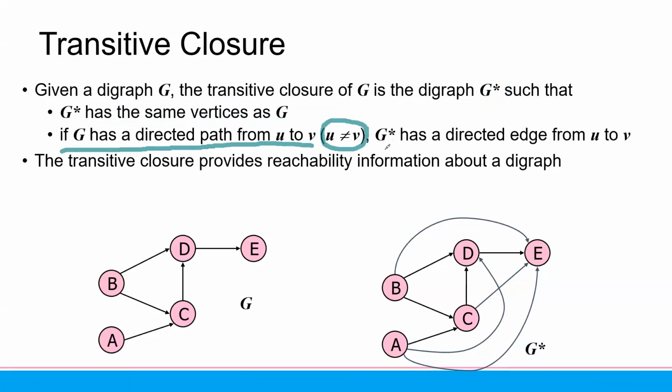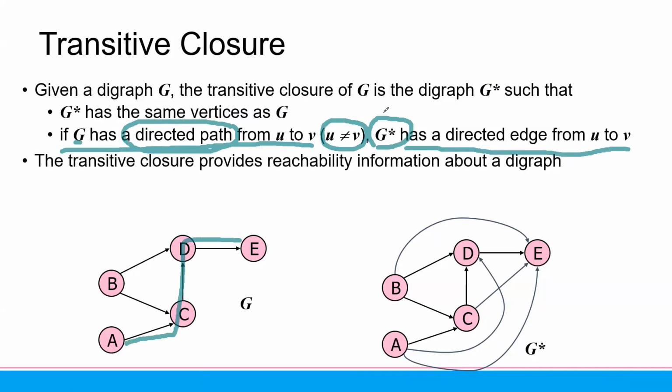And G star has a directed edge from U to V. Okay, different. G has a directed path. You know path. So we can have like this one. This is a simple path.